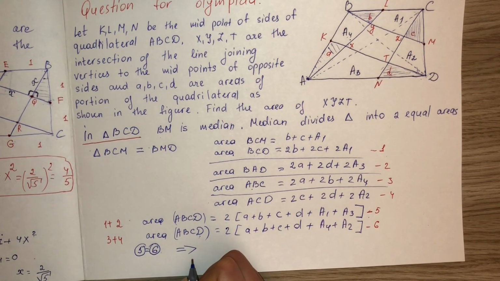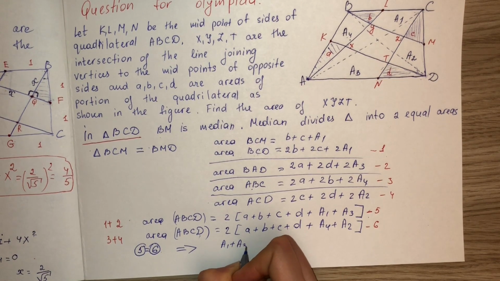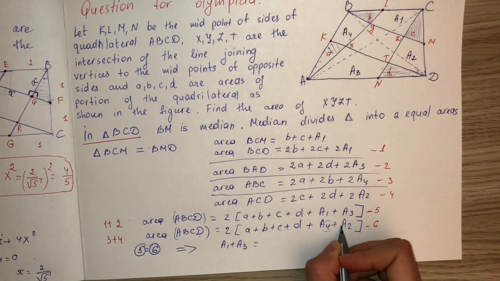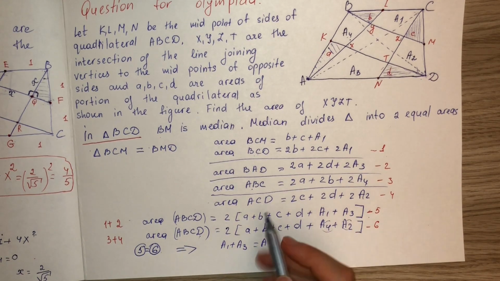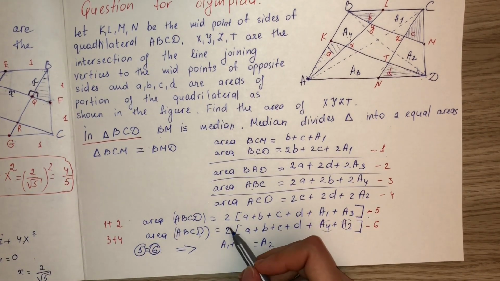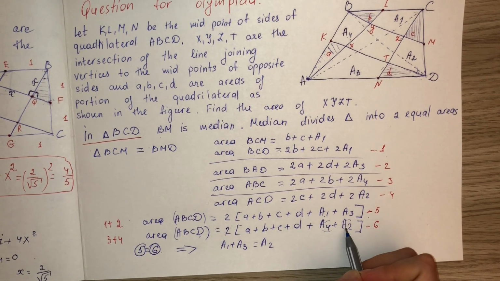Thus, we get that A1 plus A3 is equal to A4 plus A2. Because ABCD and ABCD are the same, also we can divide both of these sides by 2. We get that A1 plus A3 is equal to A4 plus A2.